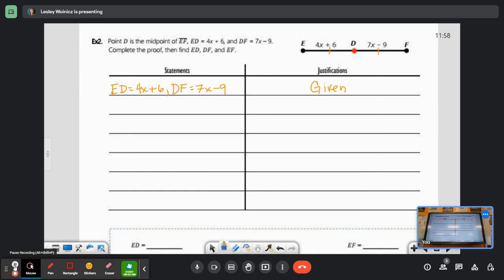All right. So, what do we know about these two segments? They are congruent, because of the definition of a midpoint. So we are going to say that segment ED is congruent to DF because of the definition of midpoint.